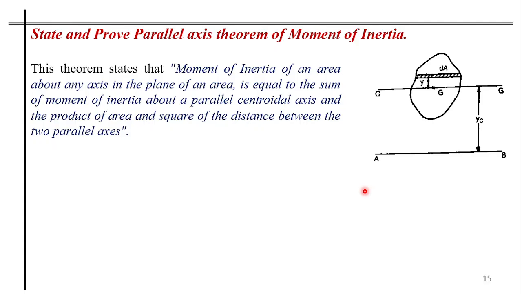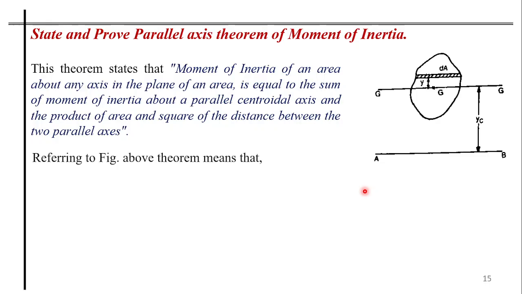So the point here is, the moment of inertia of an area about any axis in the plane of the area is equal to the sum of the moment of inertia about the parallel centroidal axis, repeat, parallel centroidal axis, and the product of area multiplied with the square of the distance between the two parallel axes.